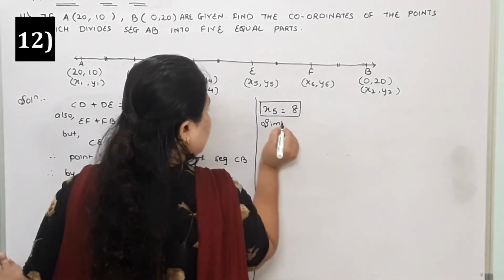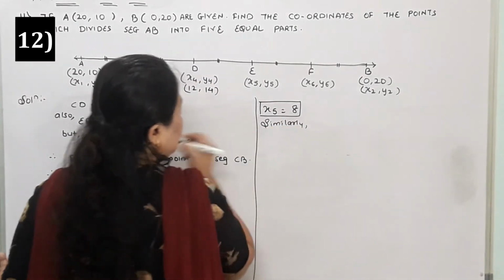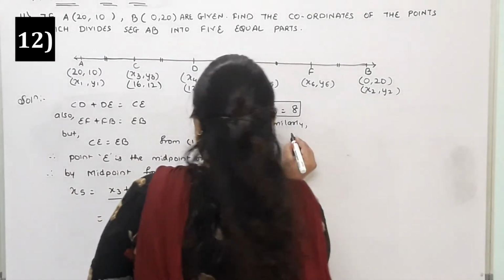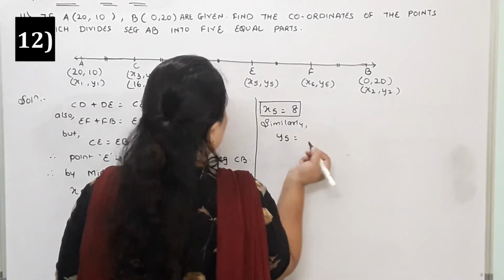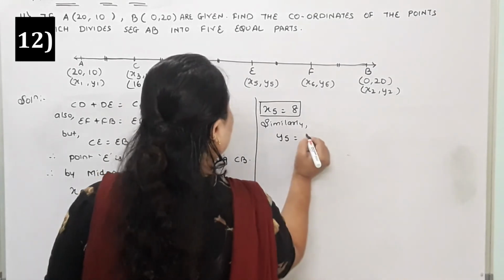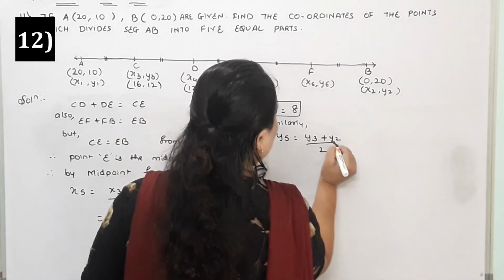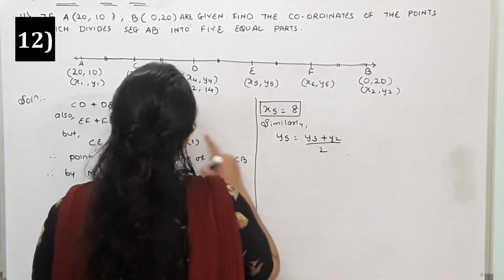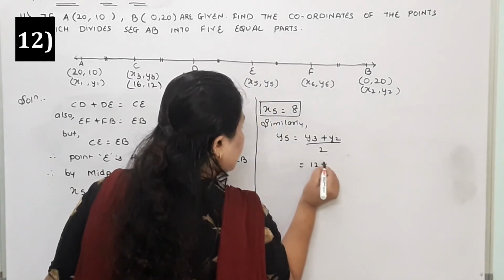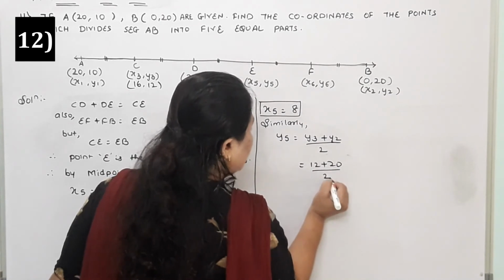Similarly, y5 equals, what is y5? It will be y3 plus y2 upon 2. So what is y3? It is 12 plus 20 upon 2.